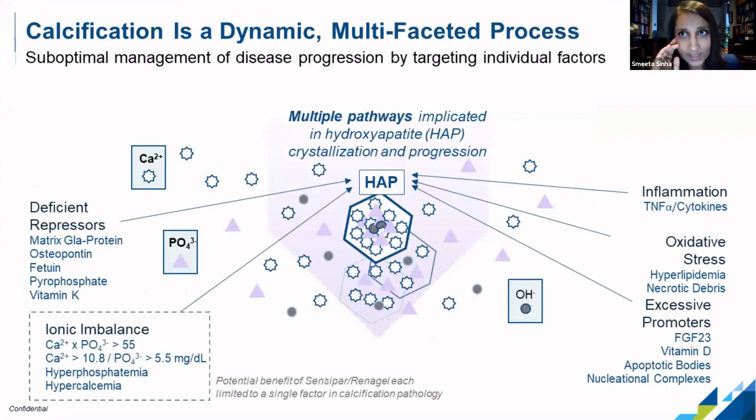If we were to summarize calcification, this is probably the slide that I'd use. So many different factors, repressors, ion imbalances, inflammation, oxidative stress, all these things. But eventually they all lead to hydroxyapatite, nucleation, progression of crystallization, and calcification.